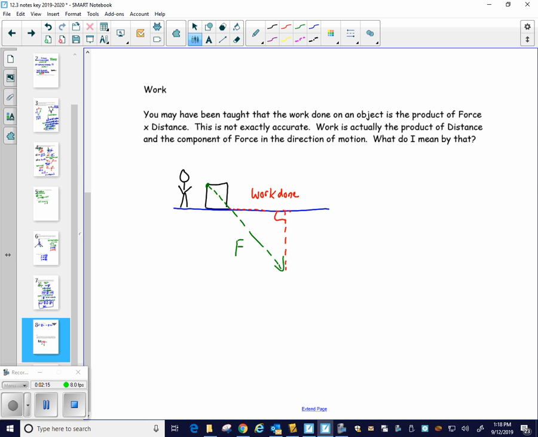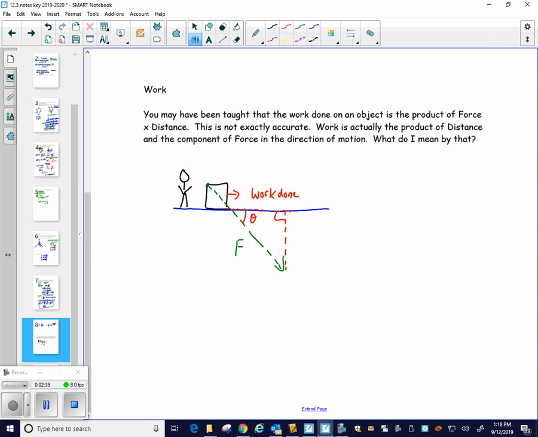So the work done on this is actually in the direction of motion. The motion is the box is going to go this direction. So the motion of the box is horizontal. Well, there's an angle here in between the horizontal and the actual direction that the force is.